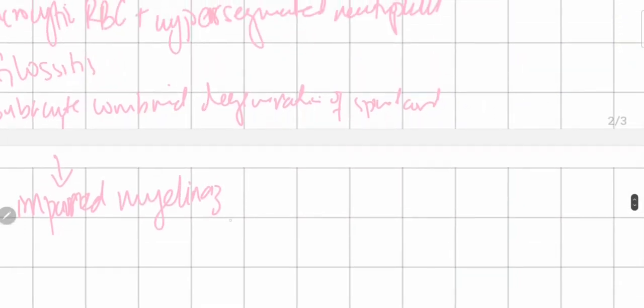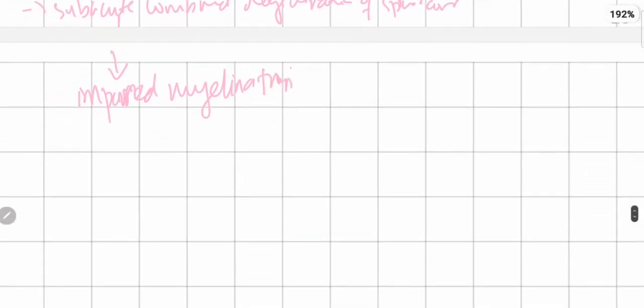This happens because vitamin B12 is actually needed, and myelination will not occur. Now, this is happening because of damaged or impaired myelination of the neurons of the spinal cord.